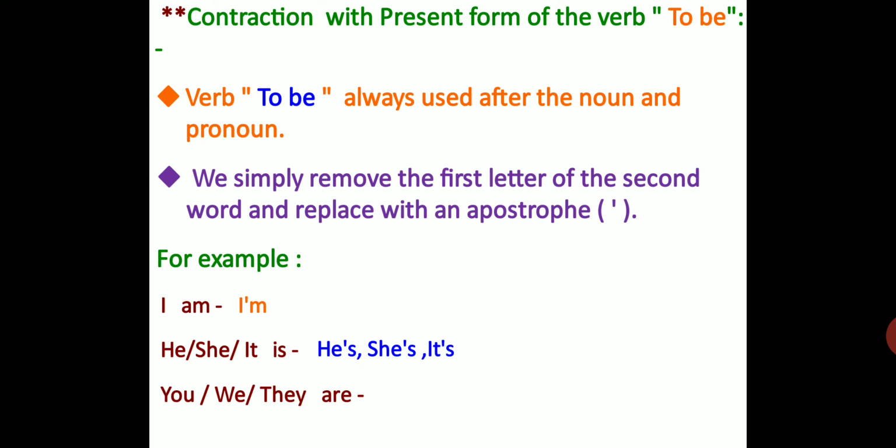Next, you, we, they. Here we use are with you are, we are and they are. And what will be the contraction form of this? You're, we're, they're. These are the present form of the verb to be and its contractions.